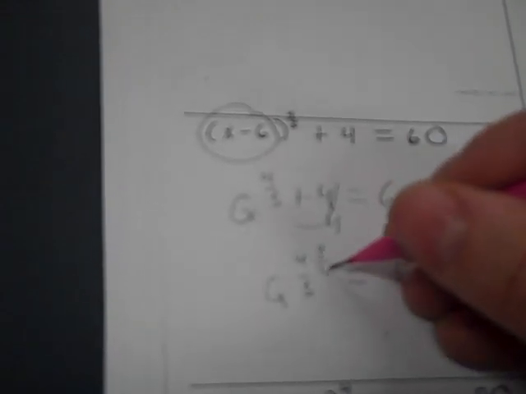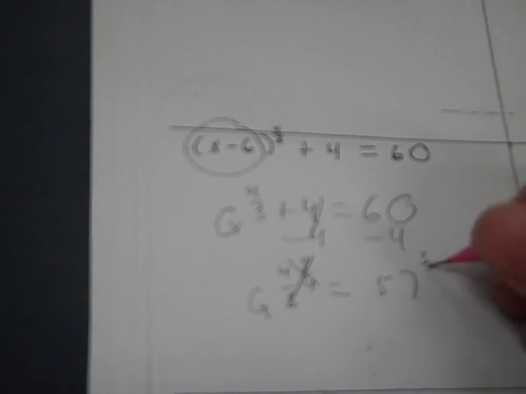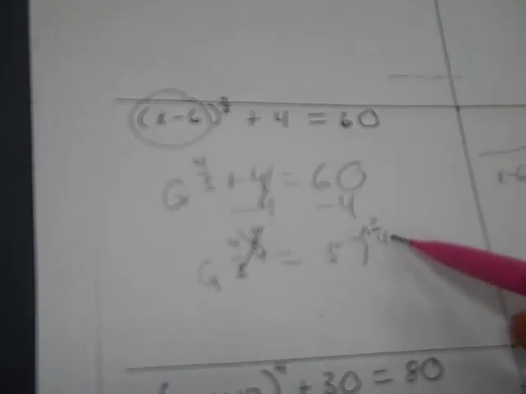So I have a fraction, so I'm not in a good position to do a radical, so I reverse the fraction, take it to the power of the reciprocal, and it's to the power, not times, 3/4. 57 to the power of 3/4 is 20.74. So you could go positive or negative.